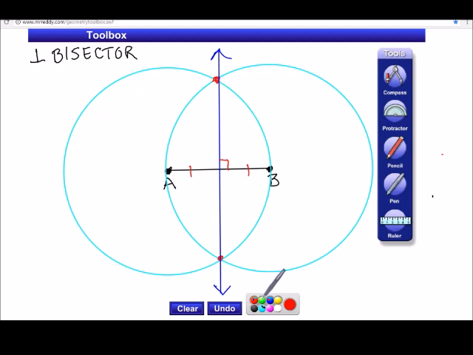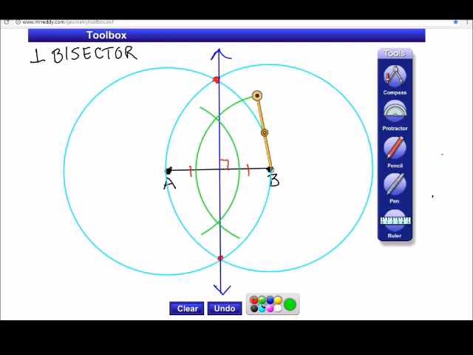Now let's do a quick what if we chose a smaller setting? And I am just going to do this part of the circle, and then I'm going to move my compass, and I'm going to do this part of the circle, and check that out.